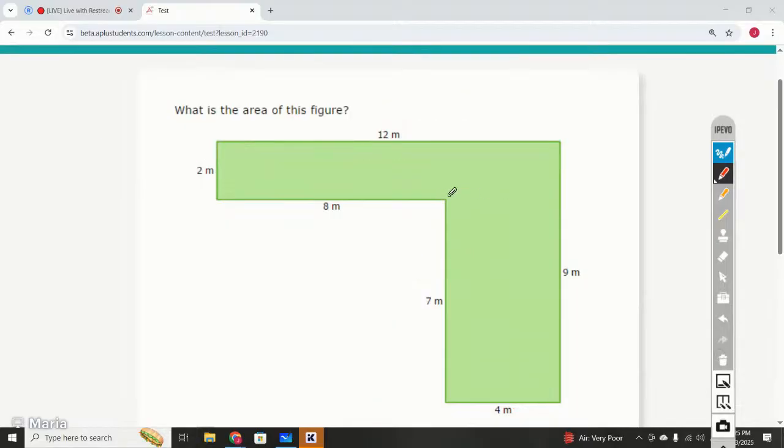So let's just divide. You can divide any way, like you can divide like this, or either you can divide like this. Whatever way you find easy, you can do, right?